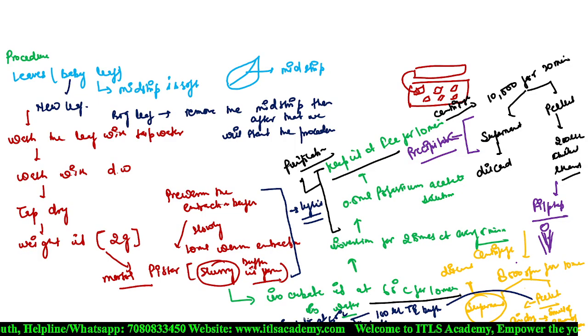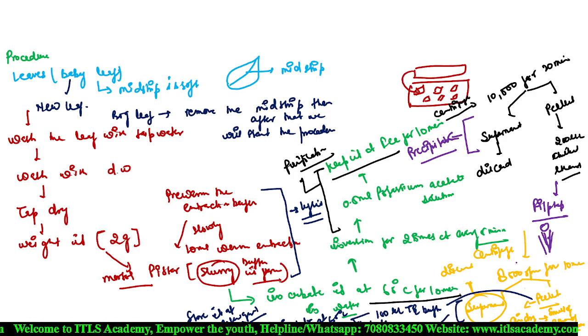Then after that, store it in the refrigerator. When you discard the supernatant after the second centrifuge, this process is known as washing. So this is all about the isolation of DNA from plant leaves. Is it clear?